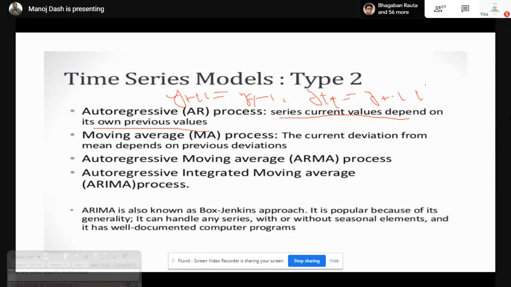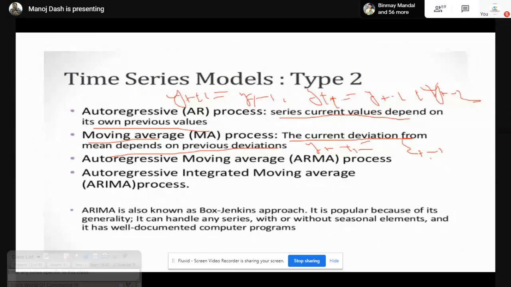Clear? Any doubt? What is moving average? The current deviation from the mean depends upon the previous deviation. It means Yt+1 depends upon the residual of the previous one.